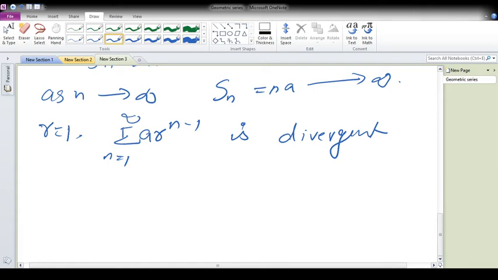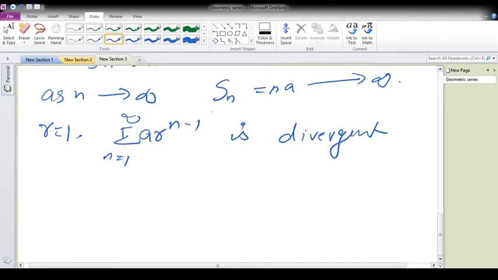For r equal to 1, we get the partial sum na. The convergence of a series depends on its partial sums. I emphasize that if the partial sum of an infinite series is convergent, then we can say the corresponding series is convergent. Otherwise, if the partial sum is divergent, then the corresponding series is divergent.